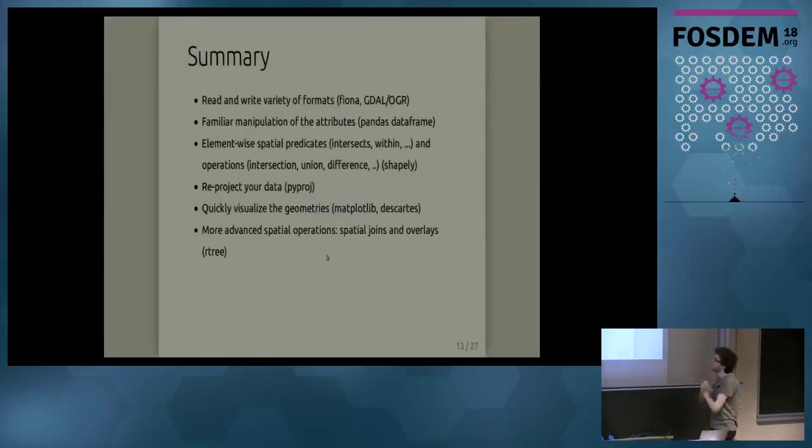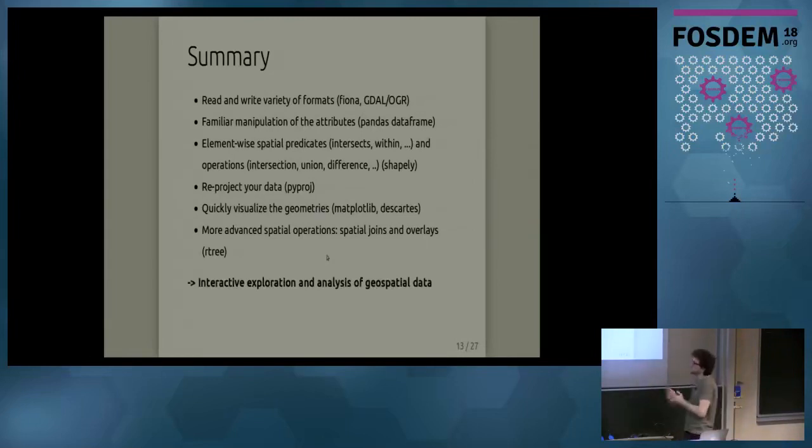So it gives you a lot of read-write ability, general manipulation of your data, all the geospatial predicates. What I didn't show is that you can also easily reproject your data, and then visualization and charts.